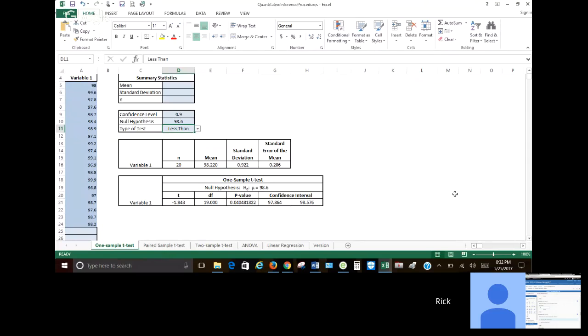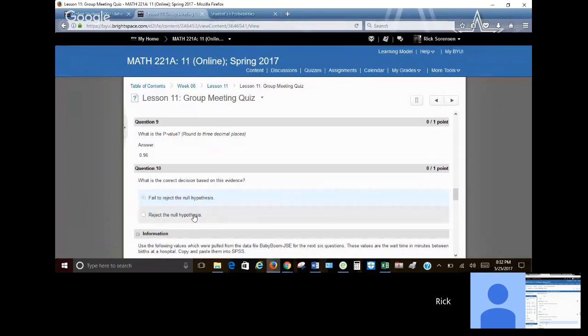Well, it'll round to 0.041, and in that case we will reject the null hypothesis. I mean, it's the only option left. That was definitely our mistake, because the answer above that is correct.